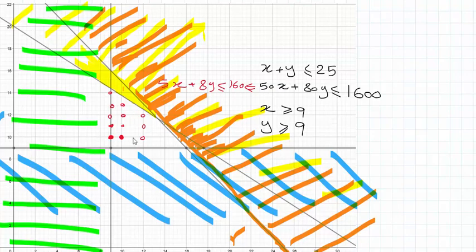The maximum number is here. He can buy 9 brown cows and 14 black cows. This is the maximum.